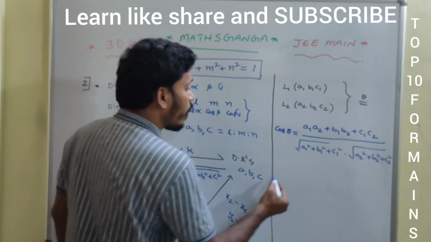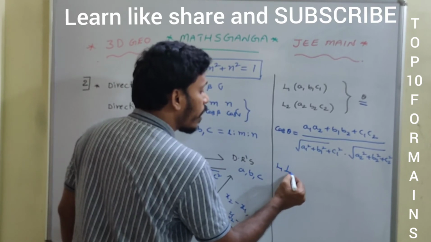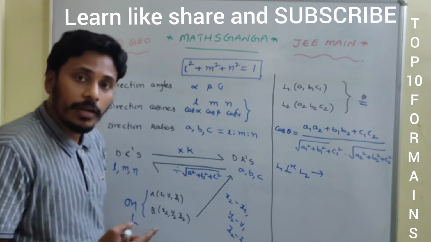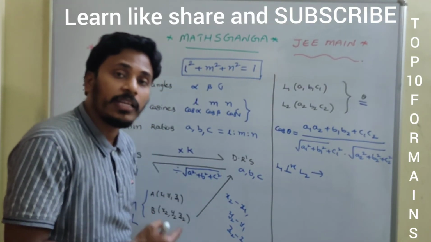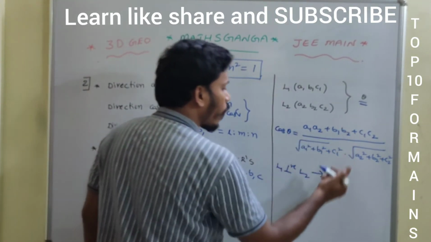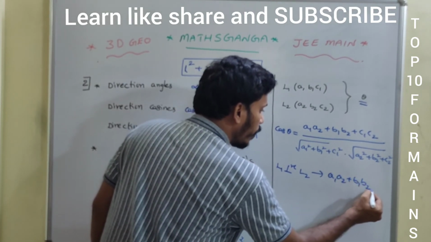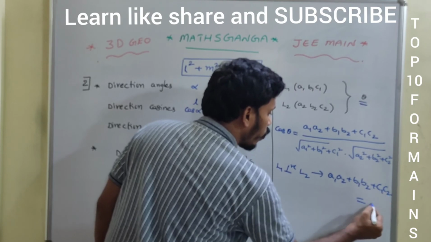And from this rule it is very clear what happens if L1 is perpendicular to L2. Then theta will become 90, cos 90 is 0, and that's why the numerator A1 A2 plus B1 B2 plus C1 C2 is equal to 0.